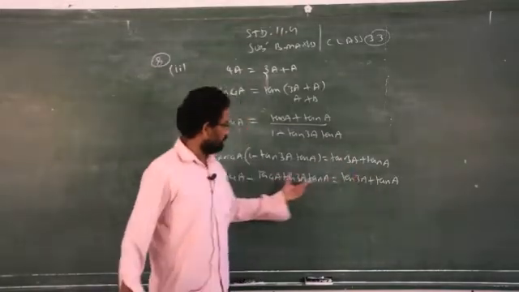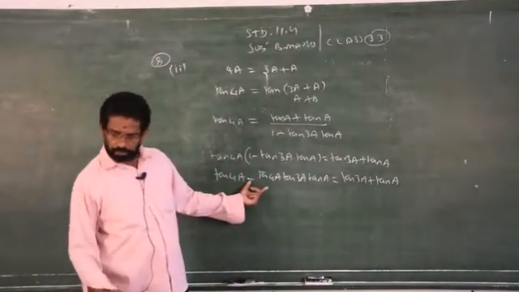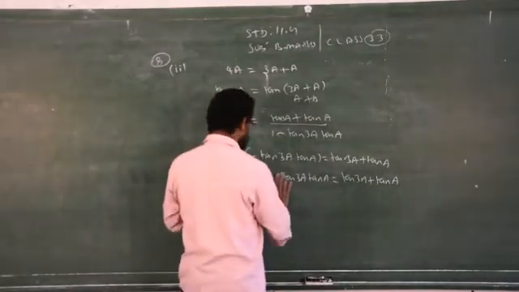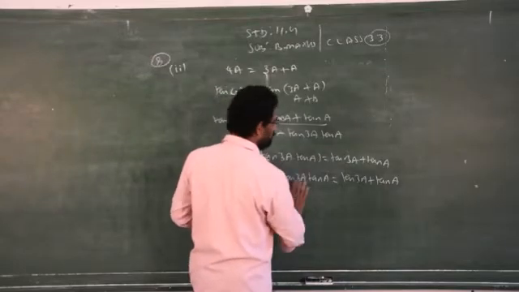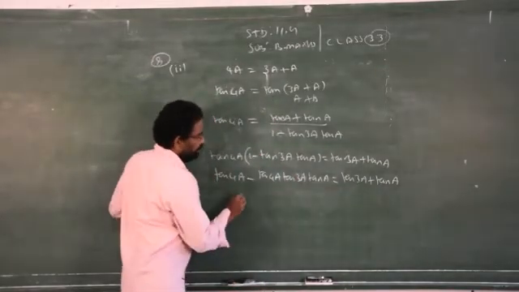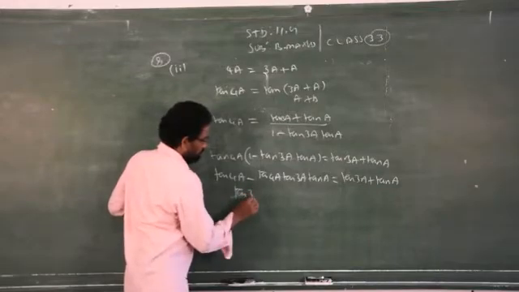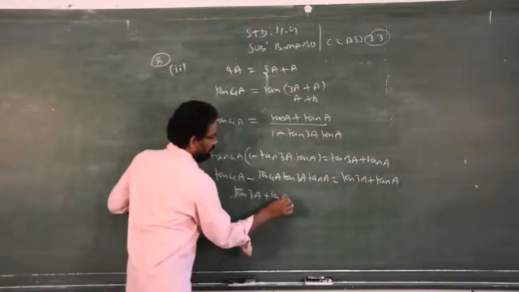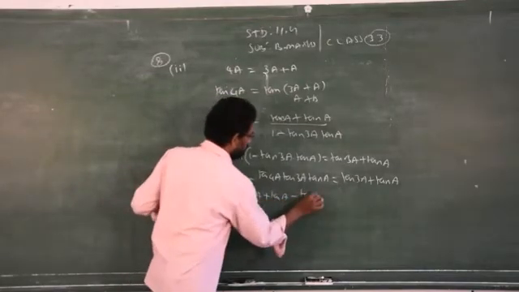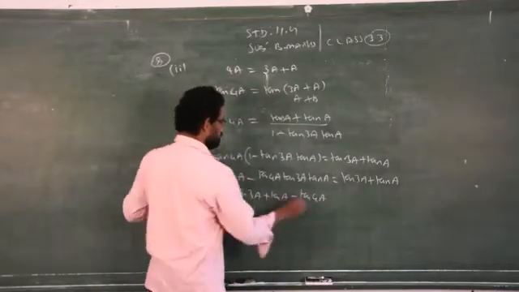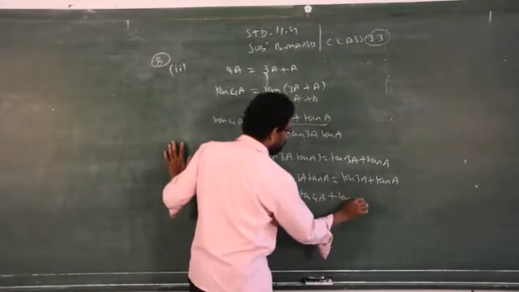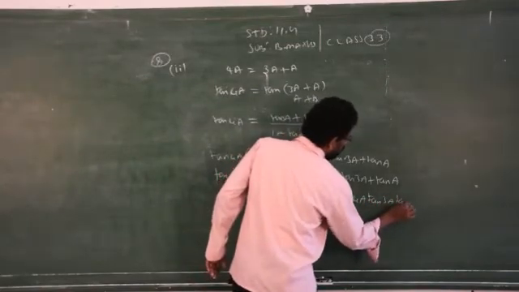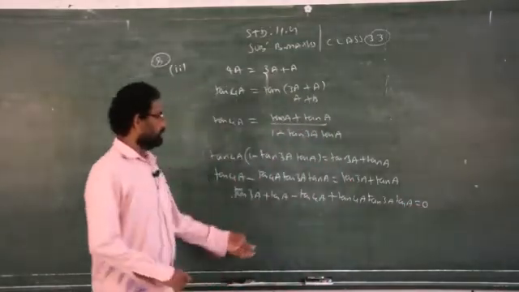Here minus tan 4a is there, but the given condition has plus tan 4a. Therefore, transfer these two terms to the right hand side, the plus will become minus and minus will become plus. So, tan 4a, tan 3a, tan a is equal to 0.